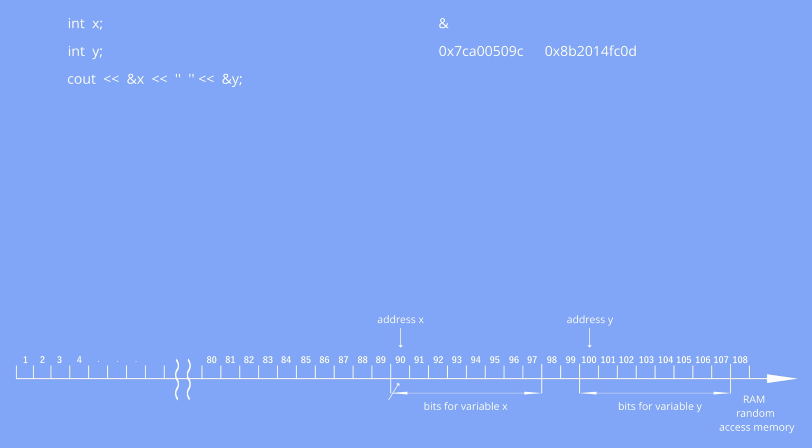Now we have two variables in memory. But what values do they have now? Both variables contain garbage. In other words, they can contain any value, because we did not assign certain values for both variables. Any bit in random access memory can be in one of two different states, 1 or 0.